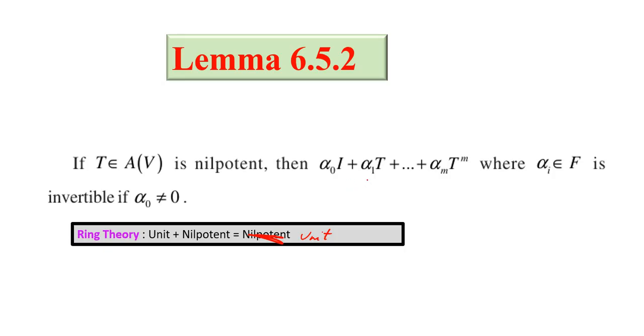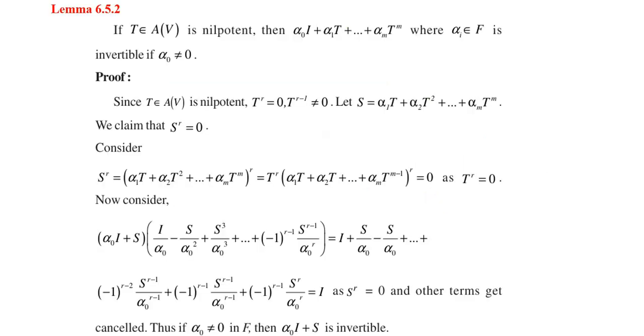You have these to be nilpotent, and this I is always invertible, and when you have this alpha naught to be non-zero, only this one will exist. So you have this to be invertible. Unit means invertible. So unit plus nilpotent is invertible. This result is somewhat similar to your ring theory result, and the proof also mimics the proof of that statement. So we will see how it is proved.